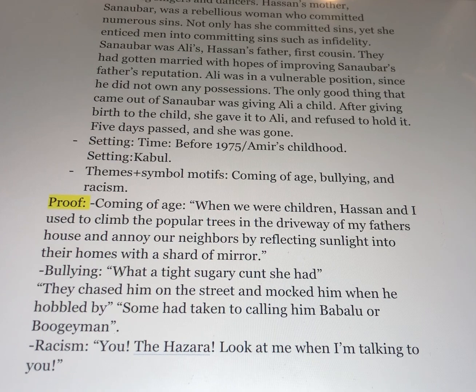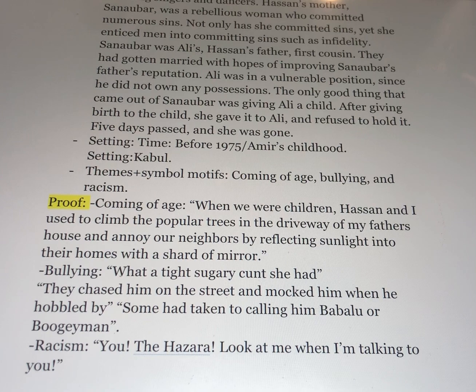The things he said while bullying him were racist comments. By the end of the movie, Hassan began crying because he was in pain after what the soldier had told him.